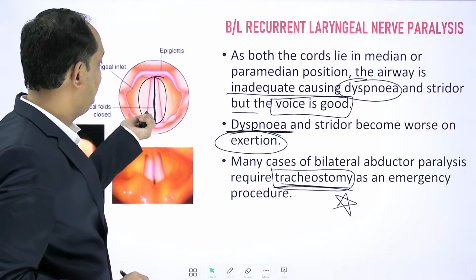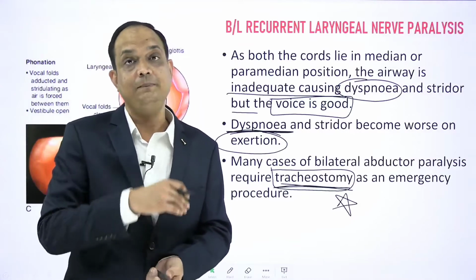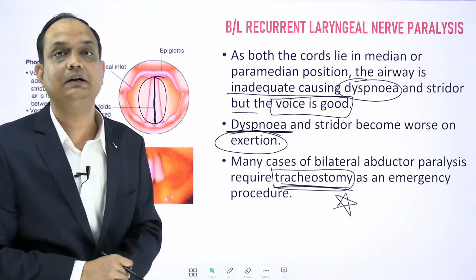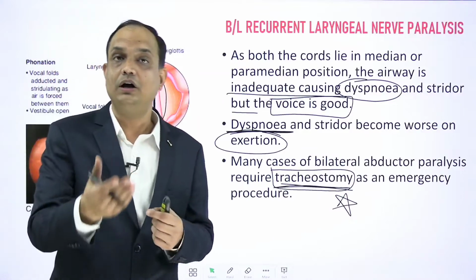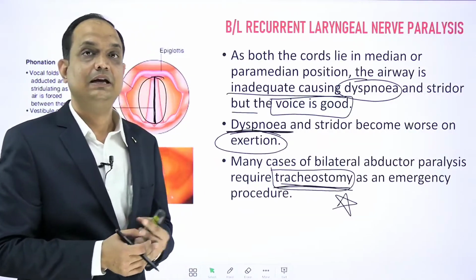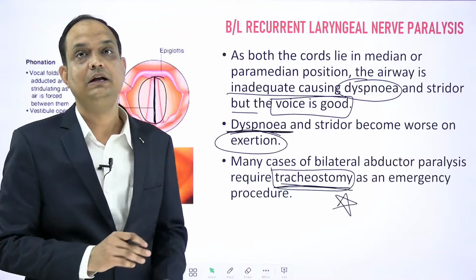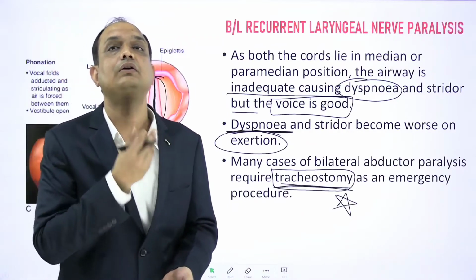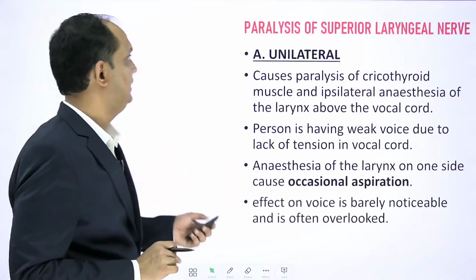So this is a median placement of the vocal cord. It may occur in bilateral recurrent laryngeal nerve palsy in long standing cases. In that, there has to be a tracheostomy for entry of air into the trachea.